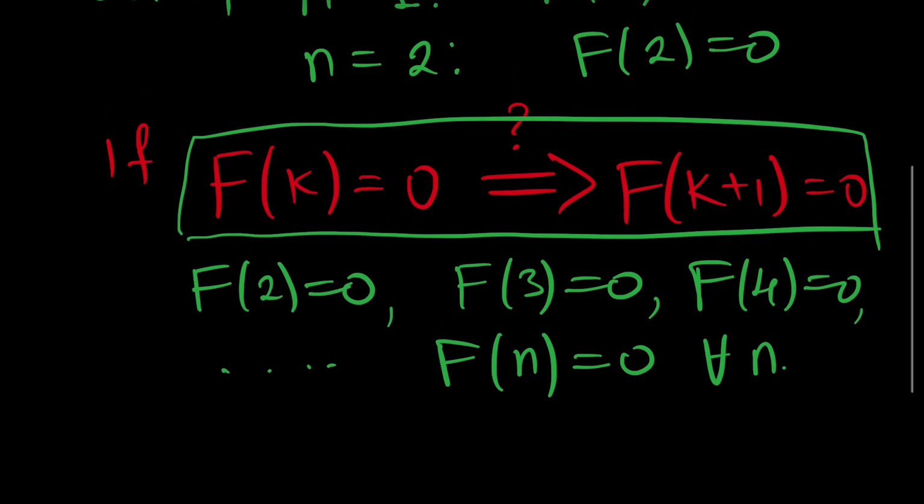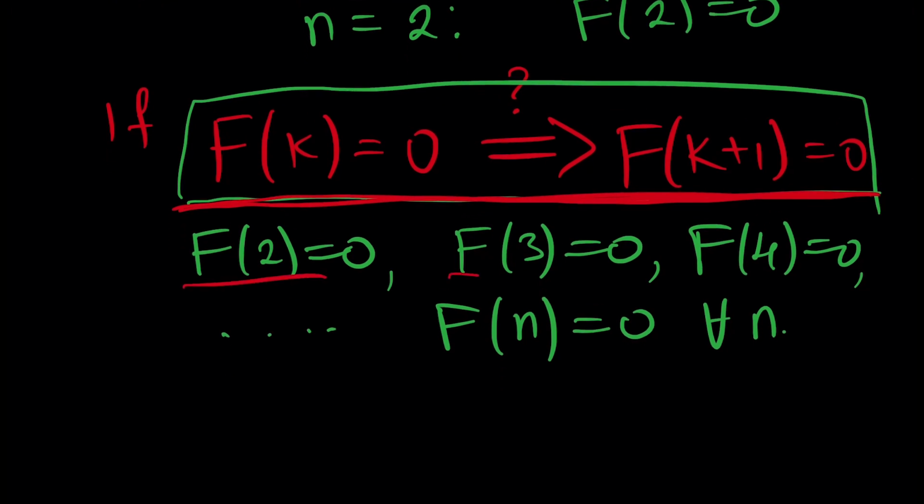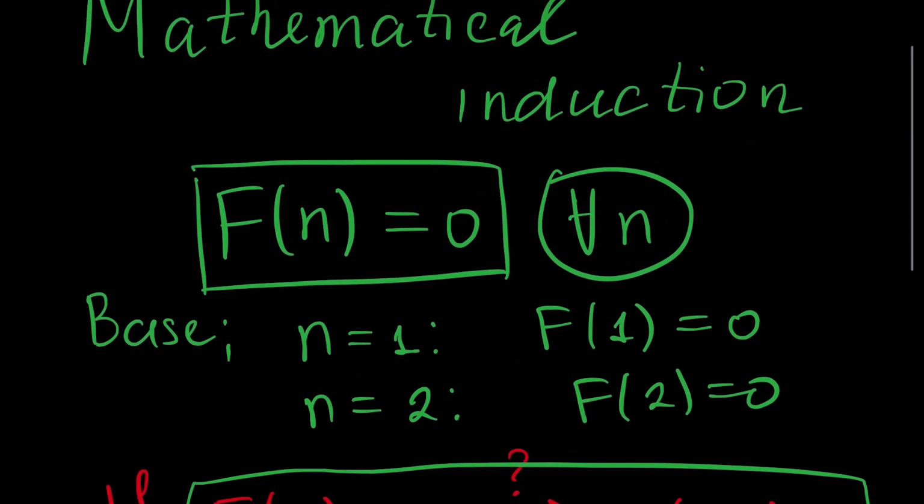Next, we show that assuming that f of k is correct, we have to show that f of k plus 1 is correct. In this case, everything will follow from this statement, and we will have that f of 2 is 0, f of 3 is 0, f of 4, and f of n for any n is 0, which is our initial statement.